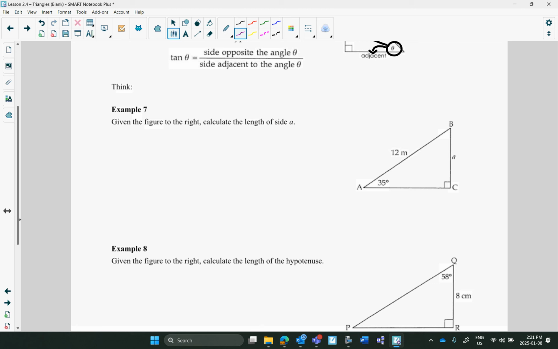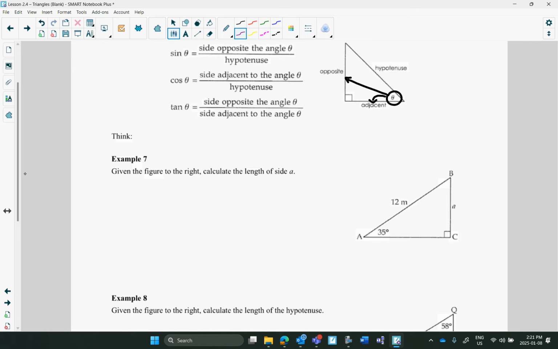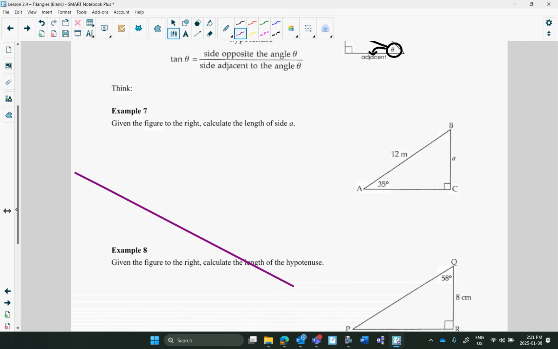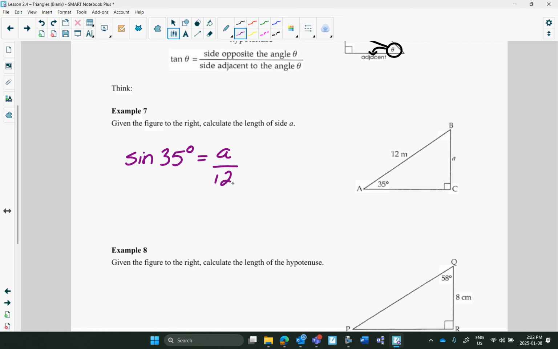Opposite 35. And what's the name of this side? So we're dealing with opposite and hypotenuse, which means sine. So that tells us what trig ratio we're going to use. So we're going to use the sine of the angle, 35 degrees, will equal the opposite side, which is called A, over the hypotenuse, which is 12.